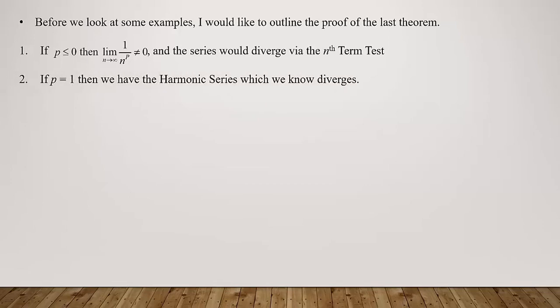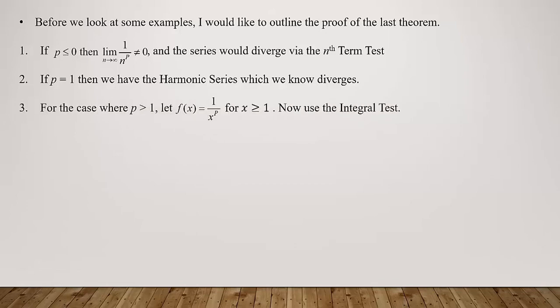If p is equal to 1, we have the harmonic series. We know that diverges. For the case where p is greater than 1, you would let f of x equal 1 over x to the p, and you would use the integral test. That's something we talked about when we were looking at improper integrals. But that's just outlining the proof.